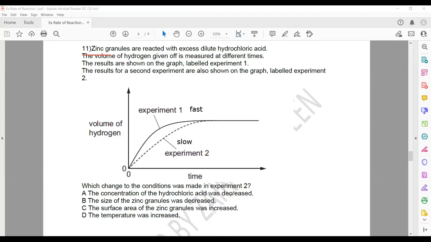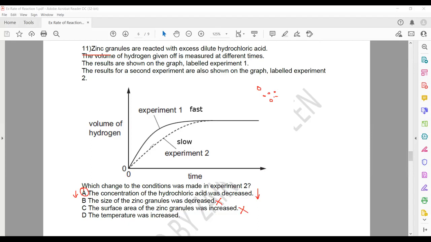The concentration of hydrochloric acid decreased. If we decrease the concentration, the rate will decrease. So that's why A is the right answer. The size of zinc granules decreased. If we decrease the size of the zinc granules, the surface area increases, so the rate should also increase. The surface area of zinc granules increased.